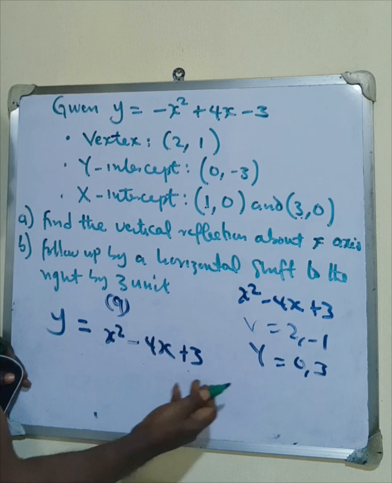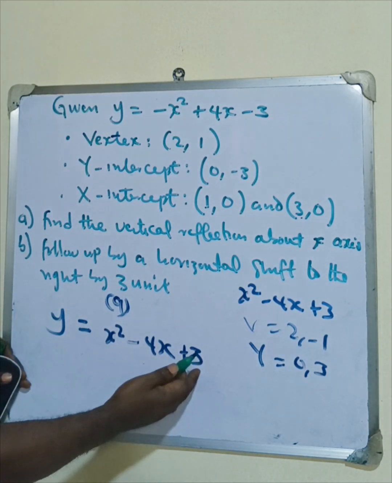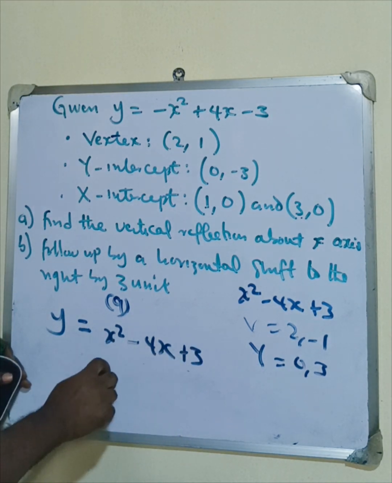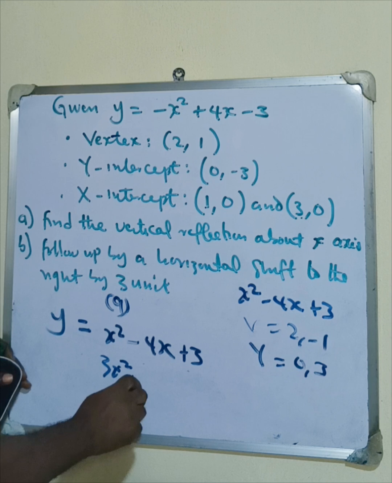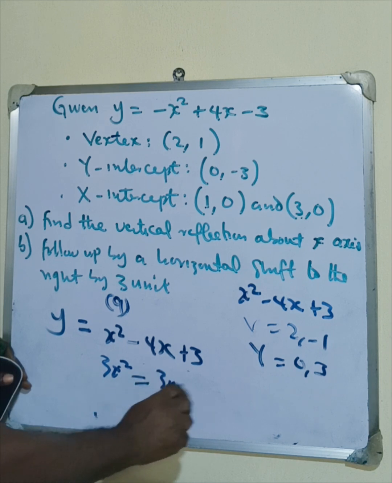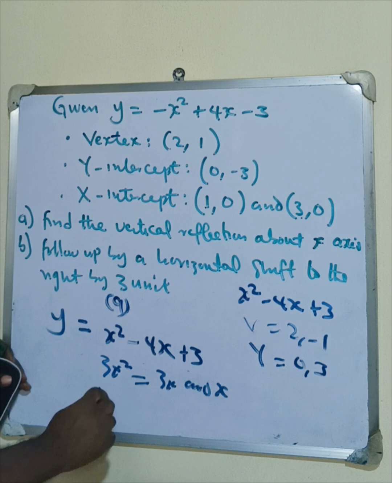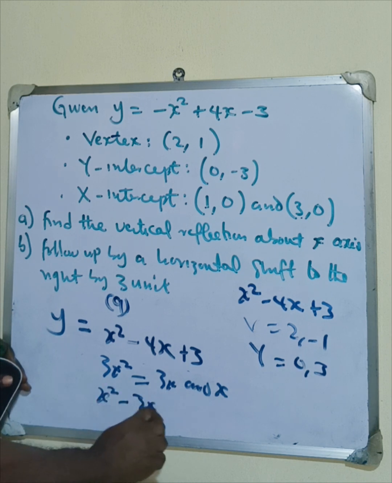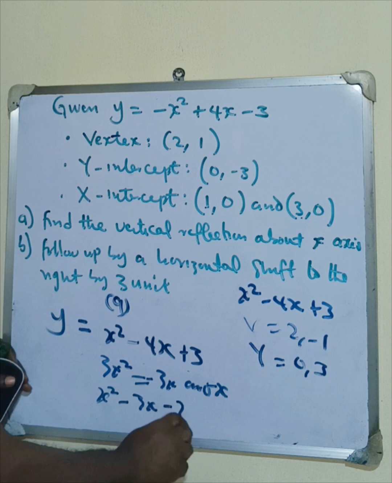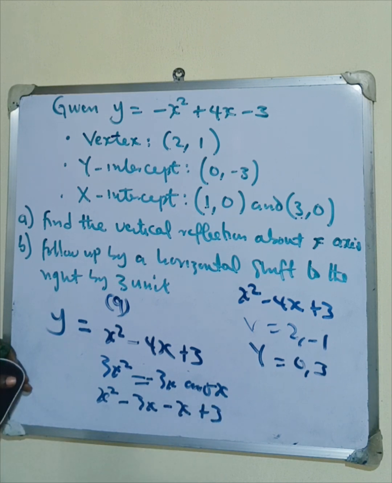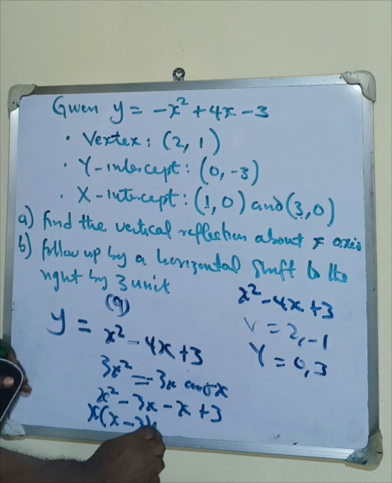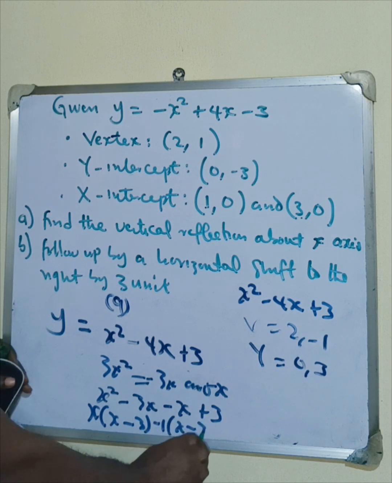Then we factorize it. We multiply the first 3 and 3x will give us 3x squared, which is 3x and x that we'll be using to solve the problem. It's going to be x squared minus 3x, the minus is here, minus x plus 3. Then doing that, you have x common, x minus 3, so you have minus 1 common, x minus 3.